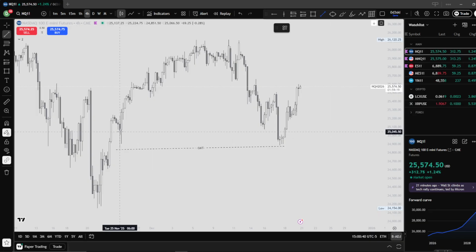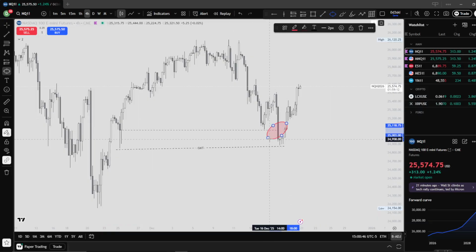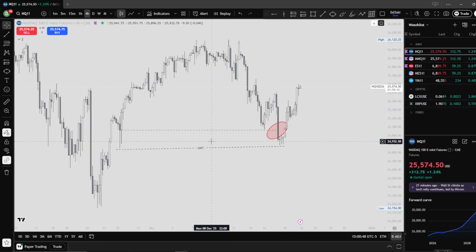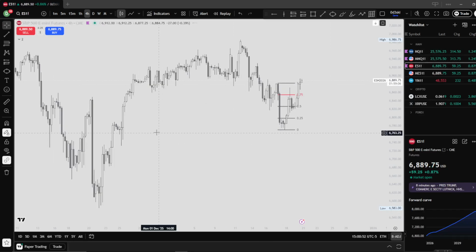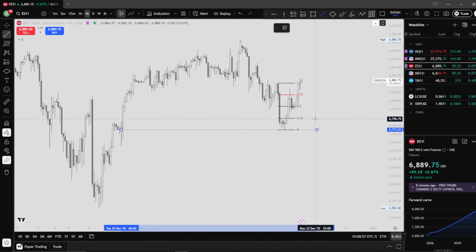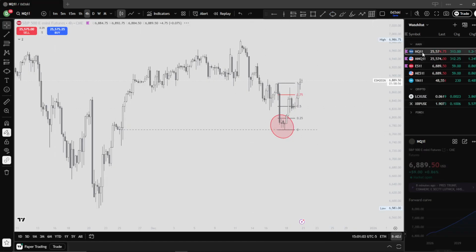Hidden SMT is basically this low right here closes below this candle low, right? That's a hidden SMT. On ES, we do not do that. You see, this candle's low doesn't close below this low right here. So that's what we call a hidden SMT.